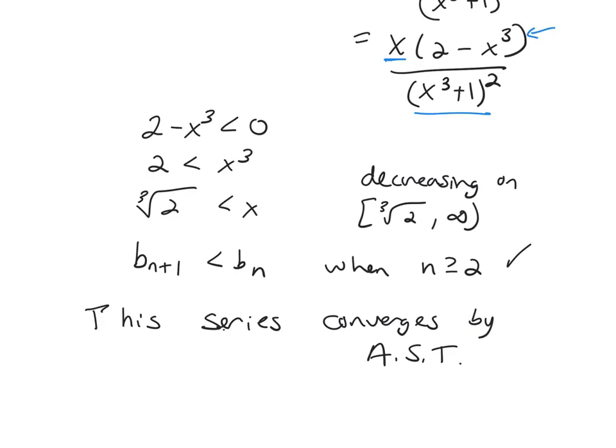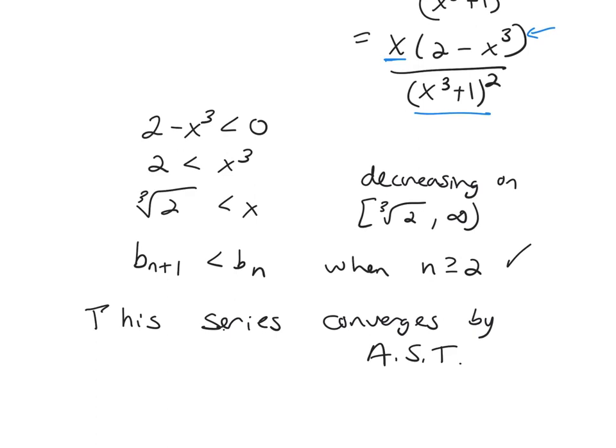Where did you get the part where n is greater than or equal to 2? The values I'm plugging in for n are whole numbers, right? And this cube root of 2, I said that's a little bit bigger than 1. So for anything bigger than 1, my function is decreasing, so n has to be greater than or equal to 2. Is that how you have to answer it on the test?